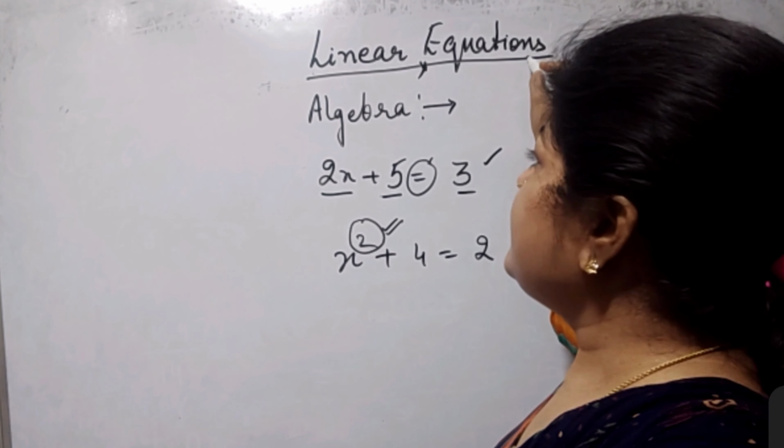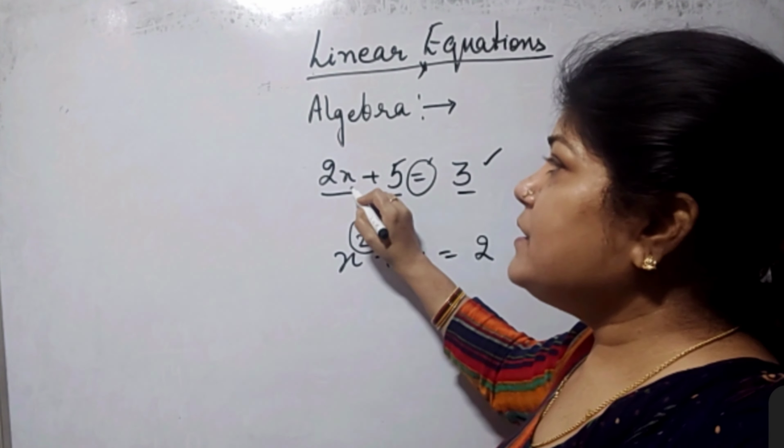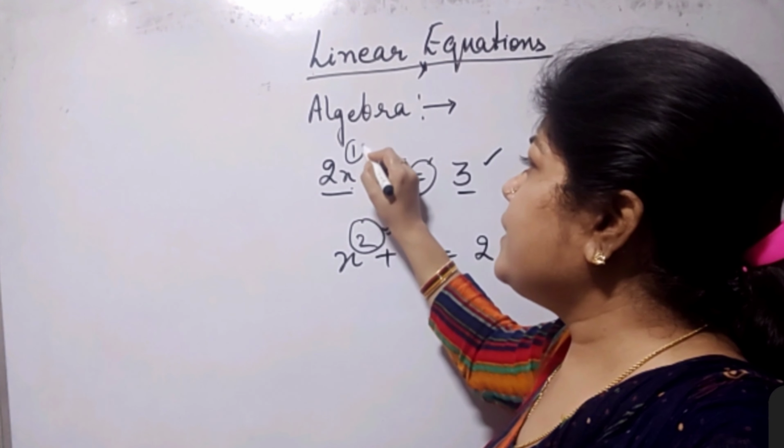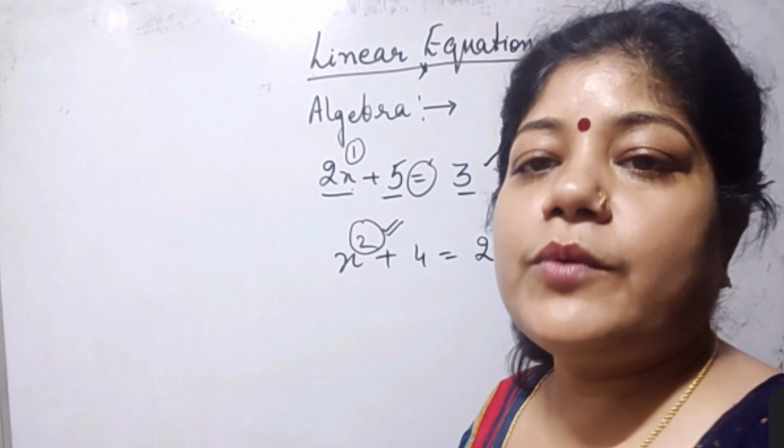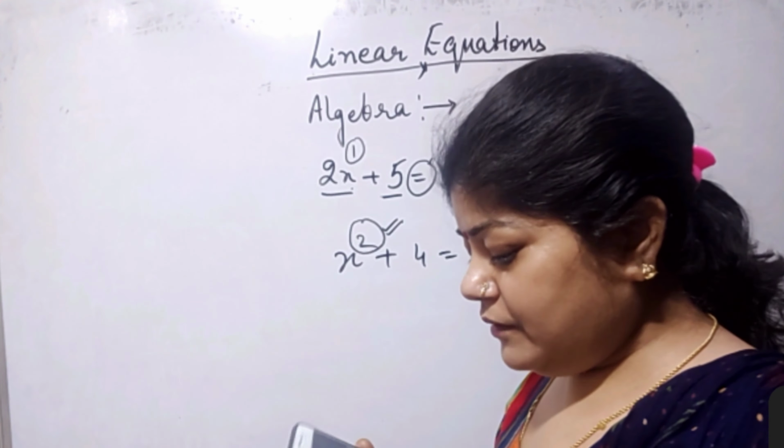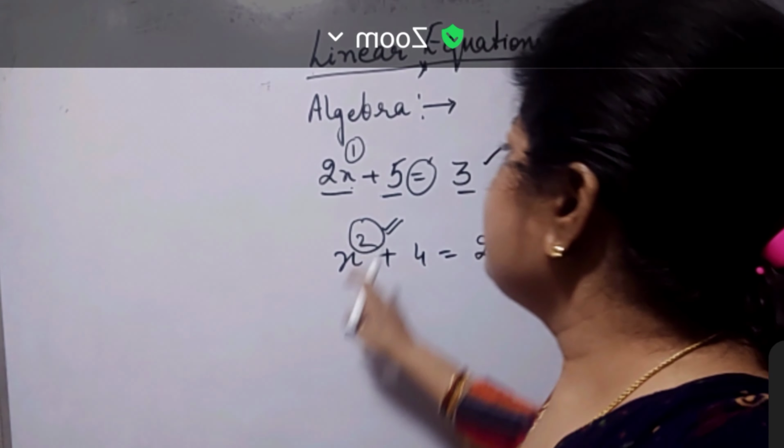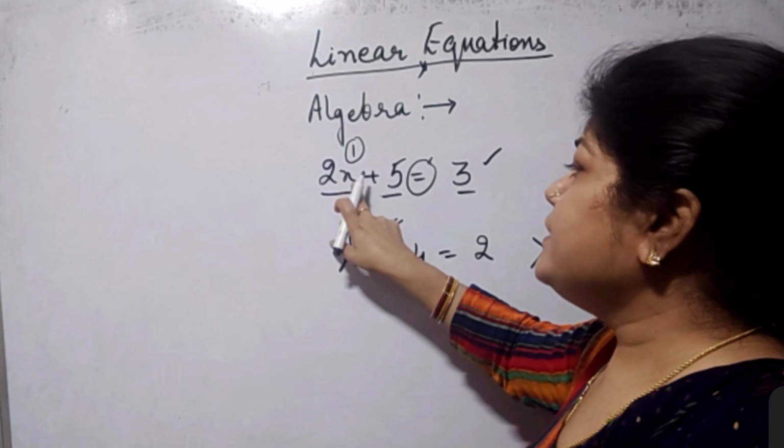So what are linear equations? When the variables have power 1, then it is a linear equation.